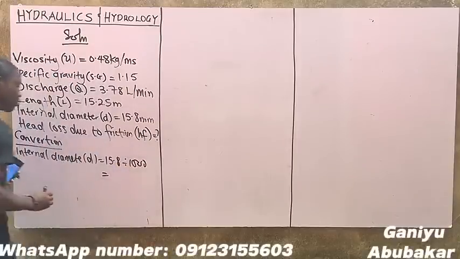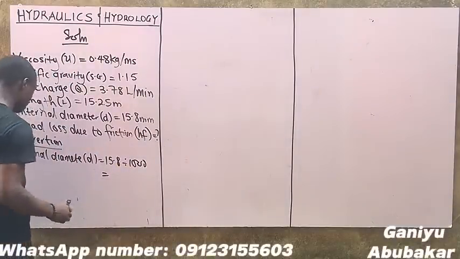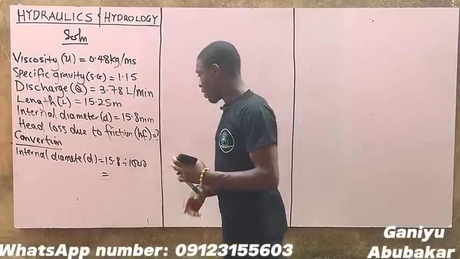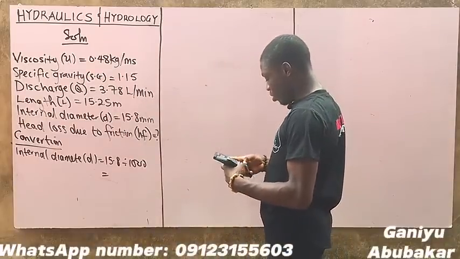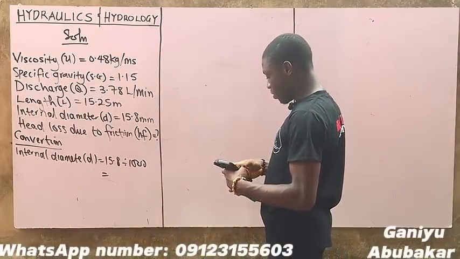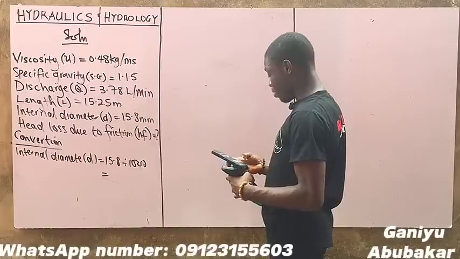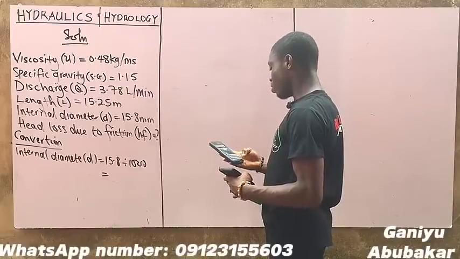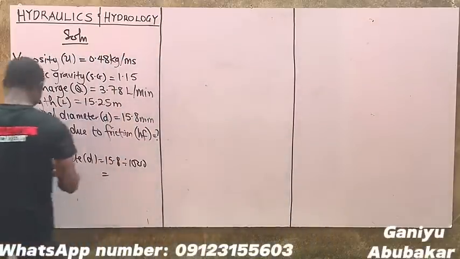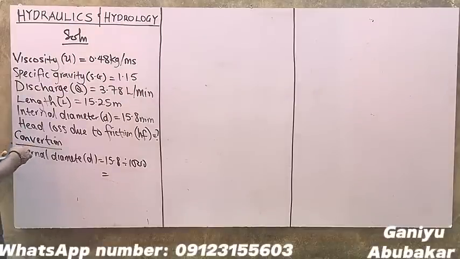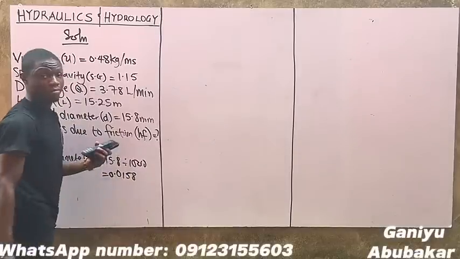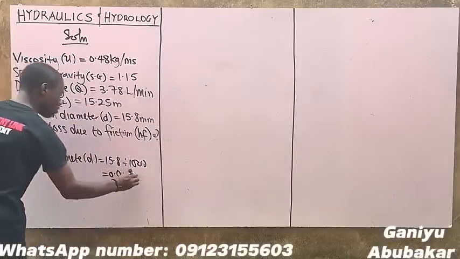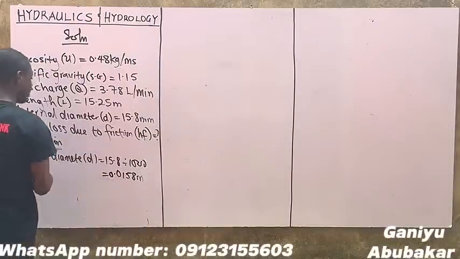So 15.8 divided by 1000 gives 0.0158 as my value, in meters. I'm done with the conversion of the internal diameter.